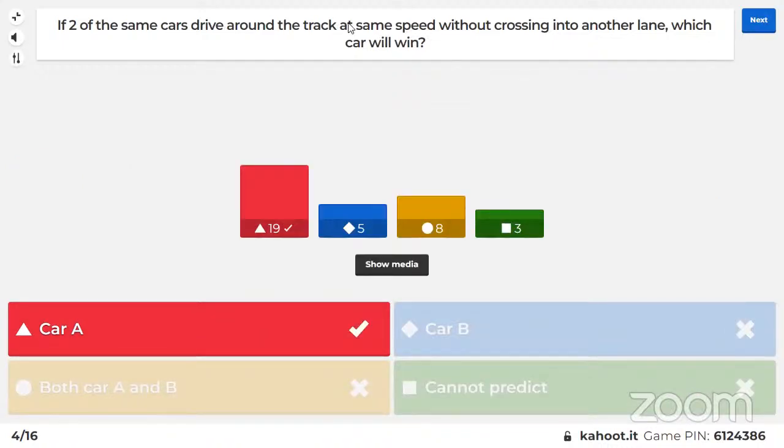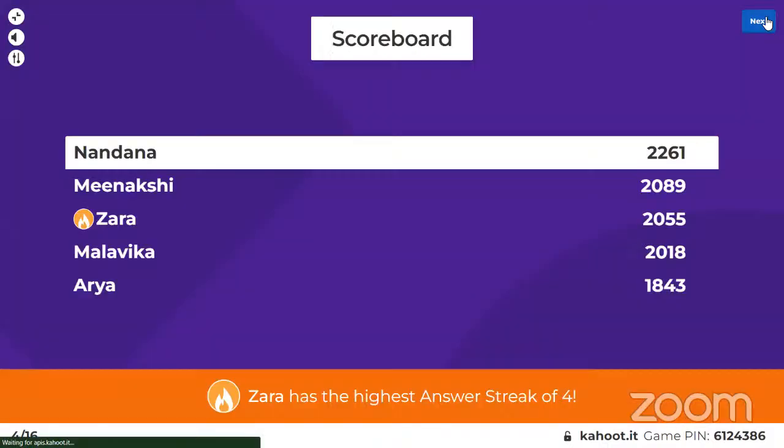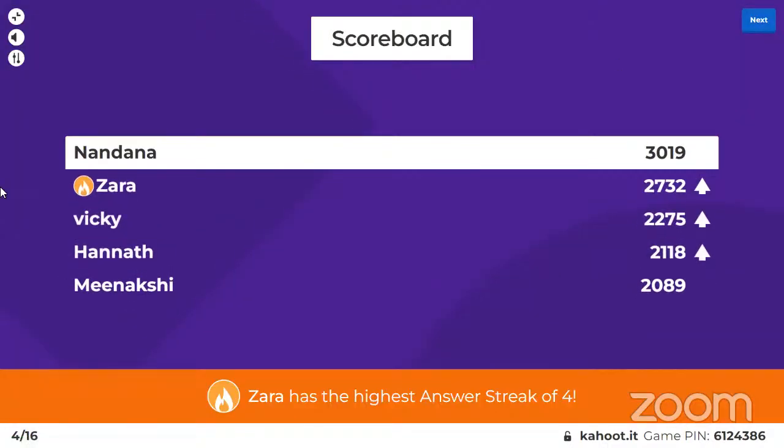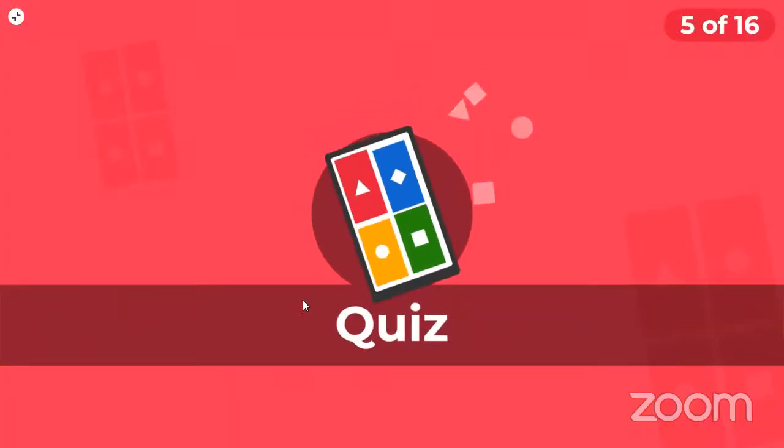So two of the same cars driven on the track at the same speed, which car will win? Okay, car A will win. The answering also shows that was not a tough question. So Nandana is still on the top with 3019, and Sara has moved to the second spot with 2732 points. Third we have Vicky, fourth we have Hannat, and fifth we have Meenakshi. Sara has the highest answer streak with 4 correct answers. So fifth question.